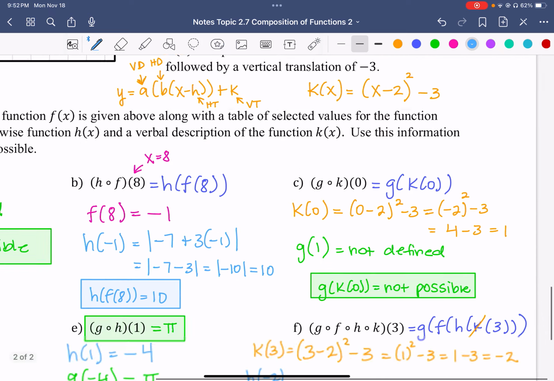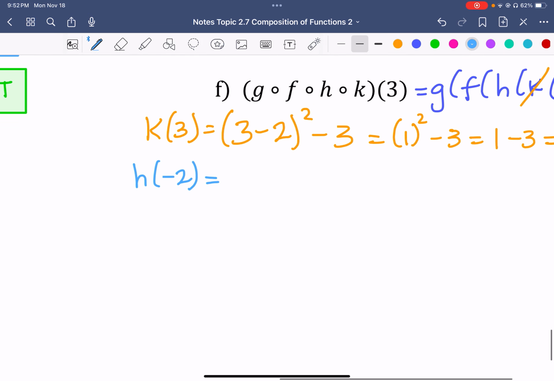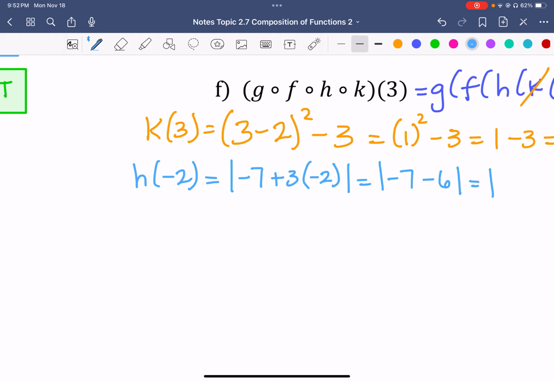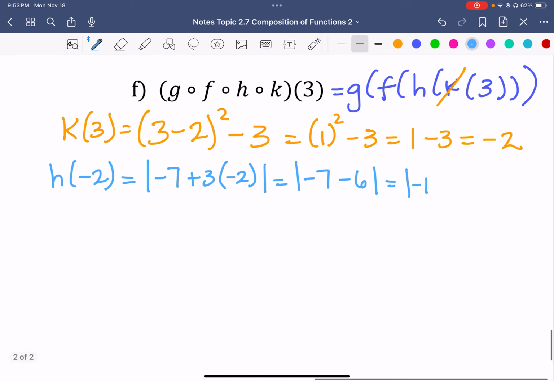So we're going to do the absolute value of negative 7 plus 3 times negative 2. We're going to multiply, and we get negative 6, which is negative 13, which becomes positive 13. Everything that's the absolute value is always positive.